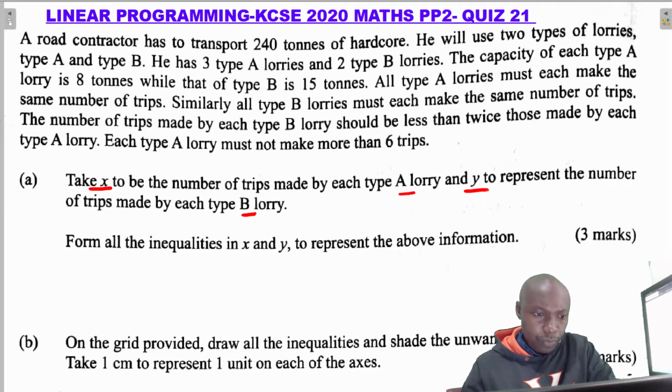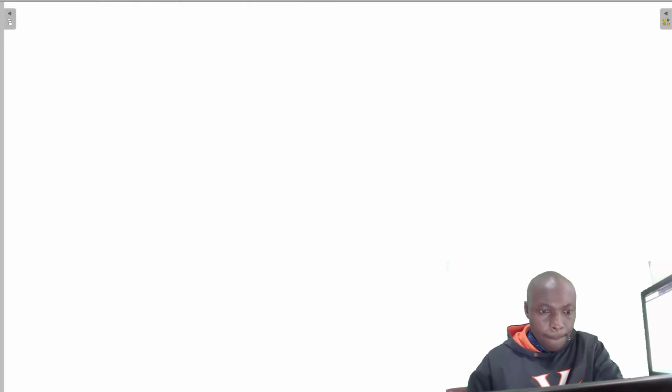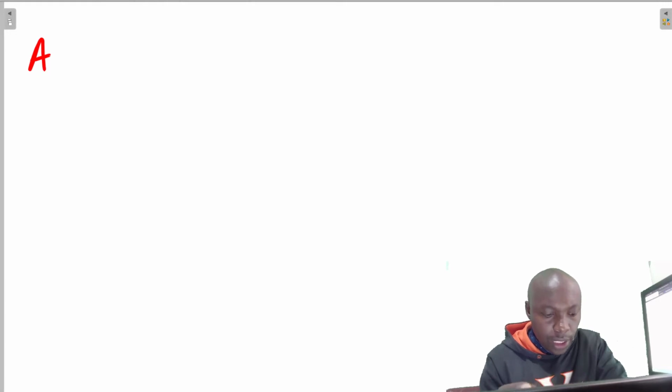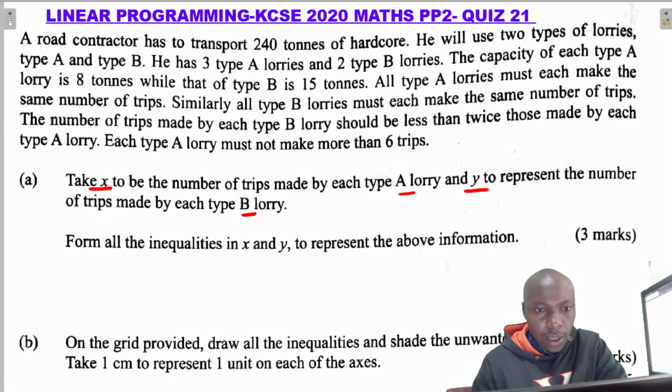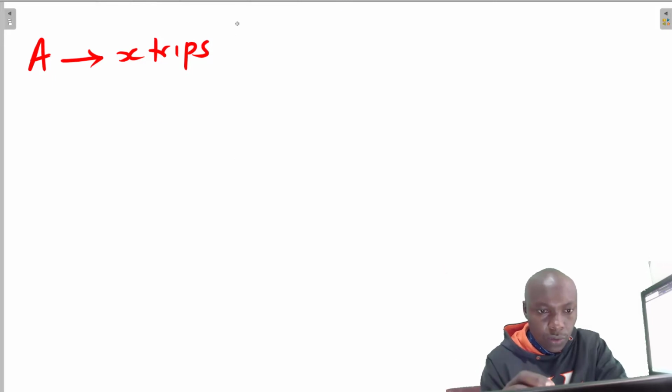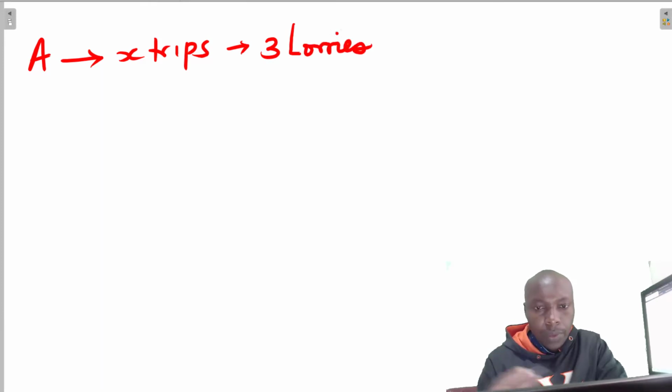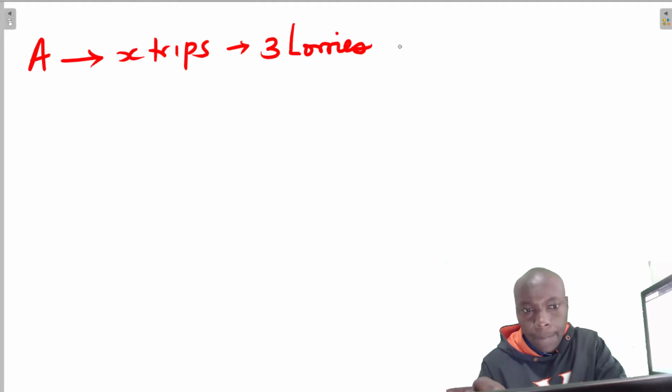So let me use another space here. According to this, there are 2 types of lorries. Type A lorry is making X trips. We are given that he has 3 type A lorries, and each type A lorry carries 8 tons.